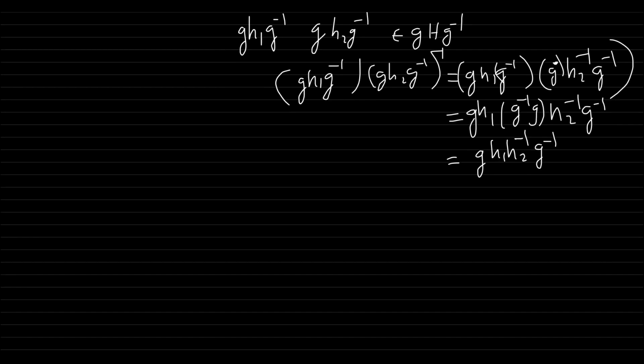We know that H is a subgroup. Therefore, for any two elements h1, h2 in H, the product h1 h2 inverse is also in H. So this is an element in H. Therefore g h1 h2 inverse g inverse is in gHg inverse.